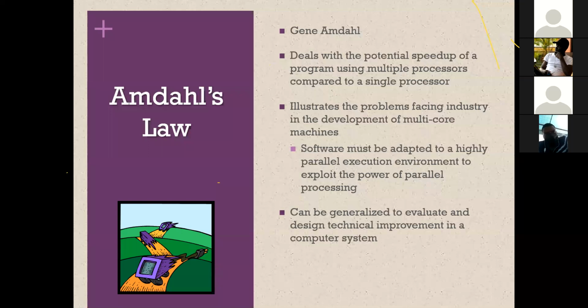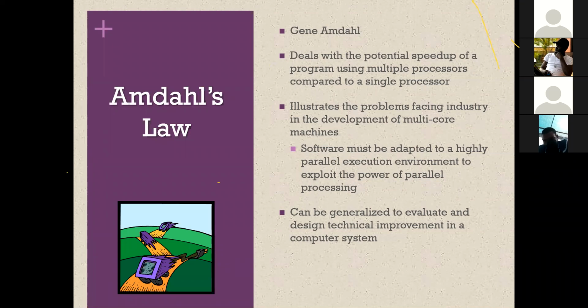So that is the essence of this law, or principle, that we are looking at. Amdahl's law was first proposed by Gene Amdahl in 1967, and it deals with the potential speed up of a program using multiple processors compared to a single processor.